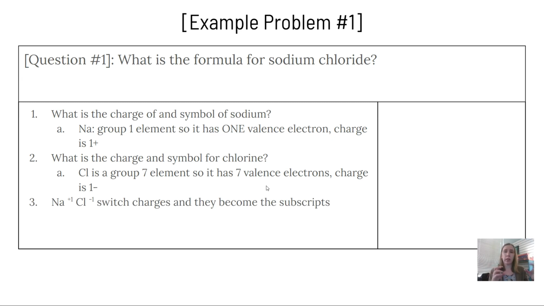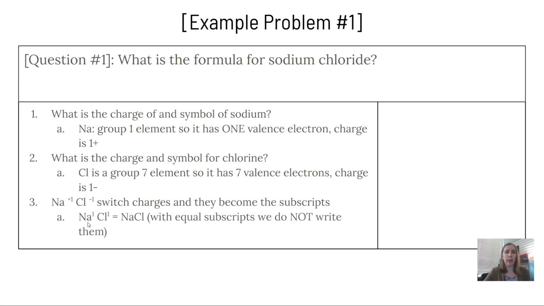So sodium gives away its one extra electron to chlorine, and chlorine accepts that one extra electron it wants from sodium. So we actually switch electrons. So when we write this out, sodium +1, chlorine -1, we switch the charges and then bring it down to a subscript to write the formula.